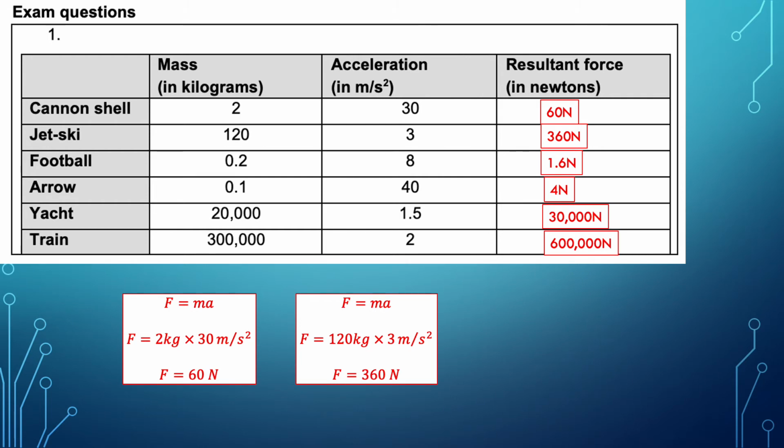A yacht accelerates at 1.5 meters per second squared, and so the force generated from the engine of the yacht is 30,000 newtons, and then a train weighs a lot more, accelerating at 2 meters per second squared, has a resultant force of 600,000 newtons. So Newton's second law is just the equation, and then understanding that there is some form of relationship between mass, force, and acceleration.